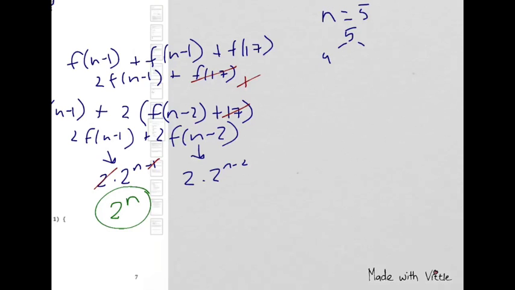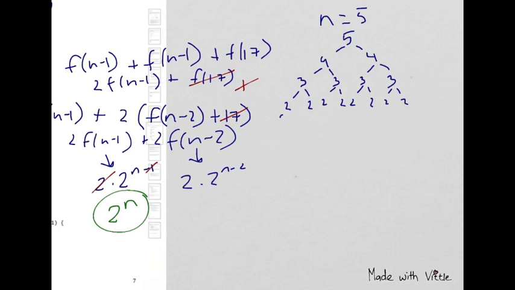I'll go ahead and draw out the recursive branching right here. The n is 5, and with each call we're going to subtract 1, and so on, down to the 1s. If we look at the number of levels, you'll see we have 5 levels, which is equal to our original n.